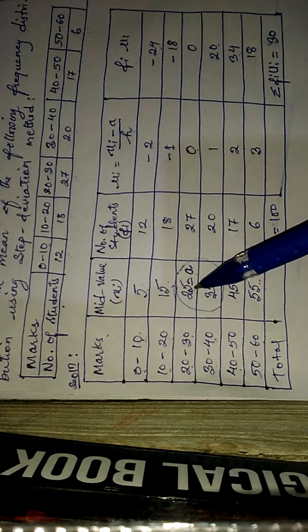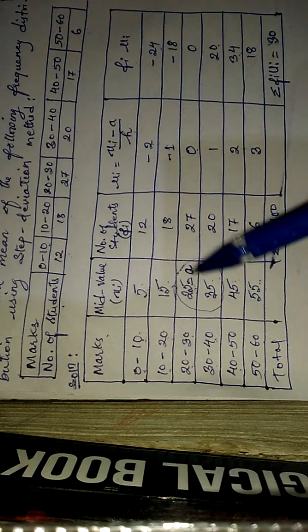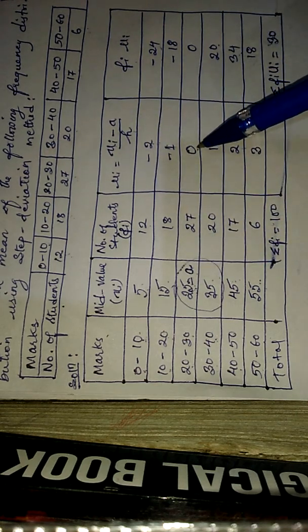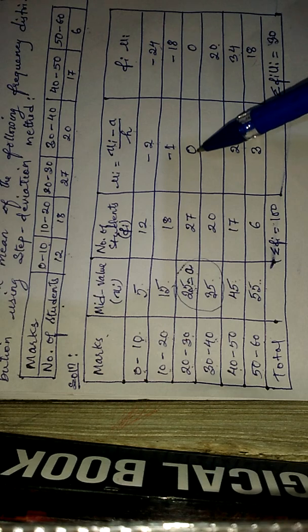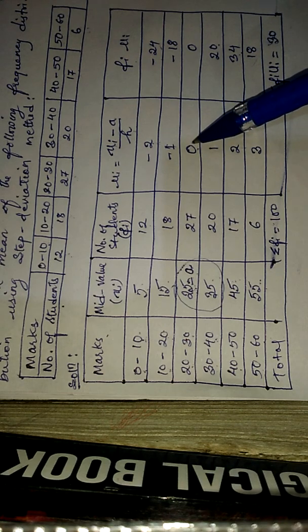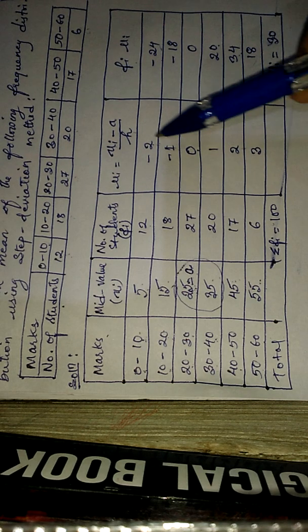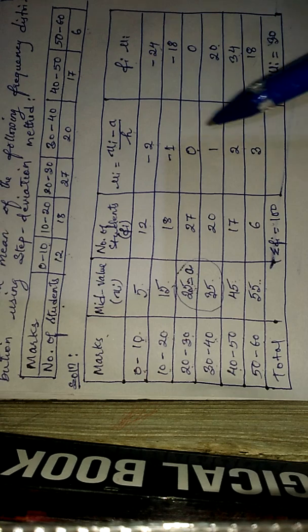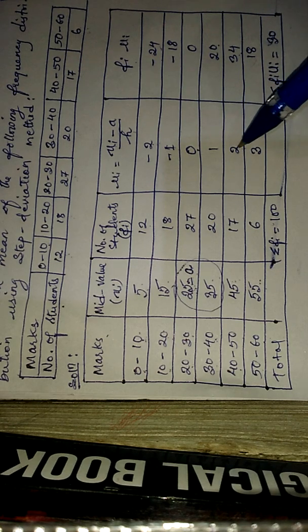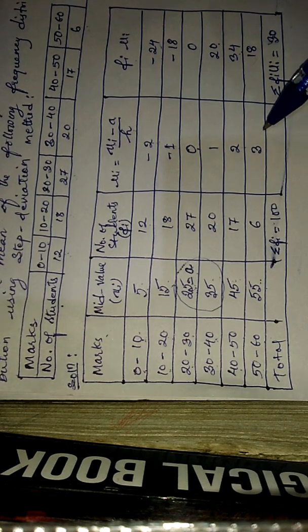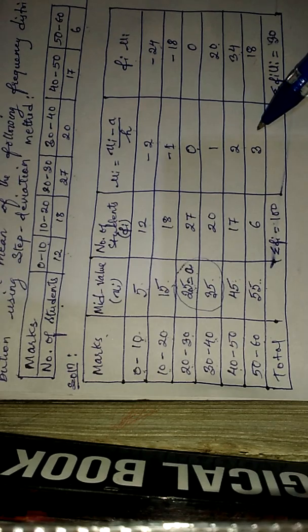Then above that 0 you can write minus 1, minus 2, and below that 0 you can write 1, 2, 3 without calculating it, because if you calculate it you will get the same values only. It will take your time. Don't waste your time in this column. Just write minus 1, minus 2, 1, 2, 3.